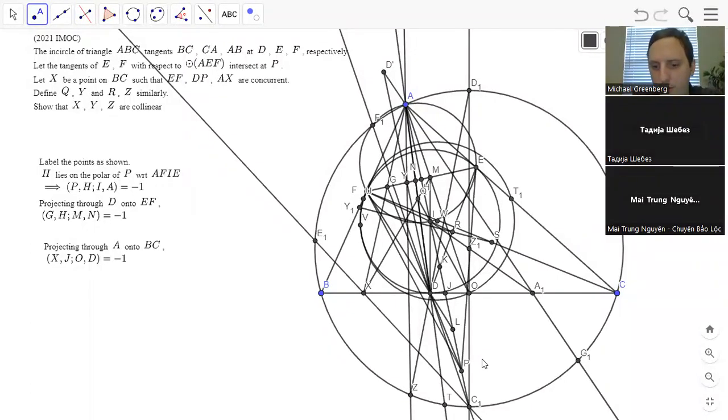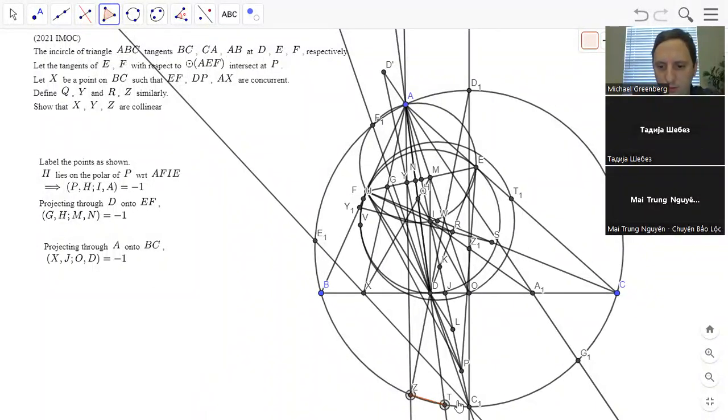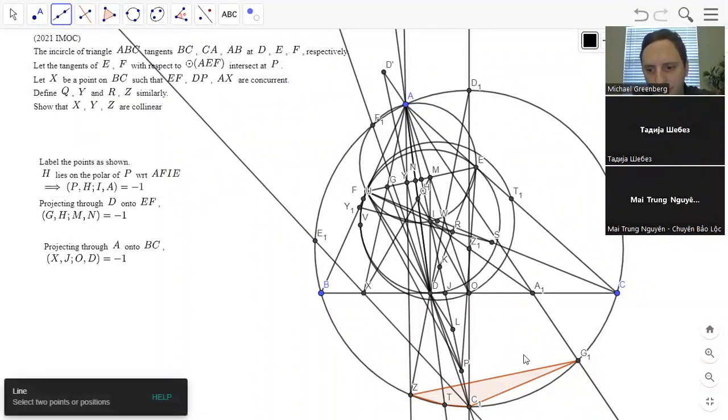So yeah, that's harmonic. Then G1, TZ, C1. So DG1 passes through E1. That's where we use it.